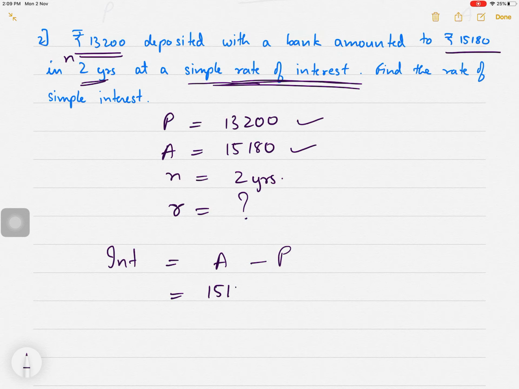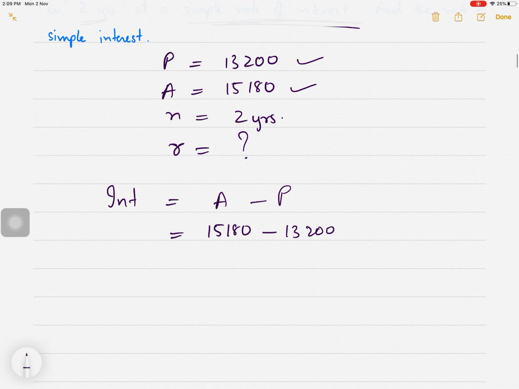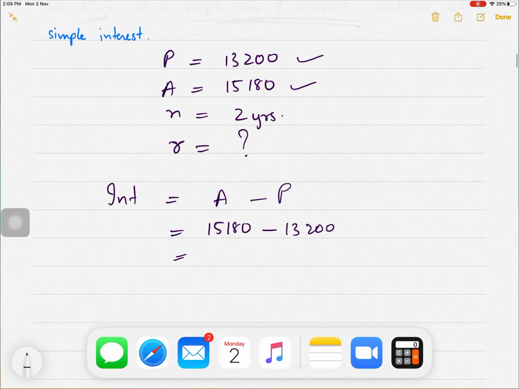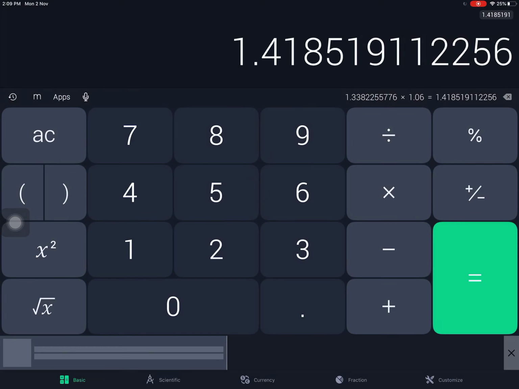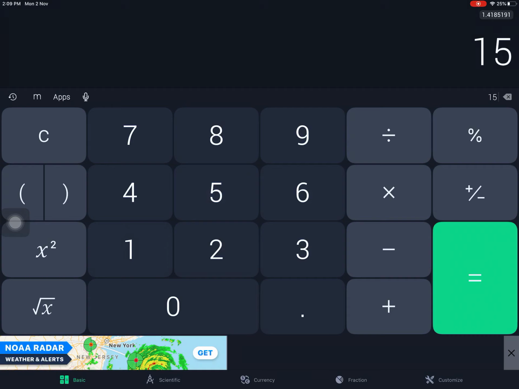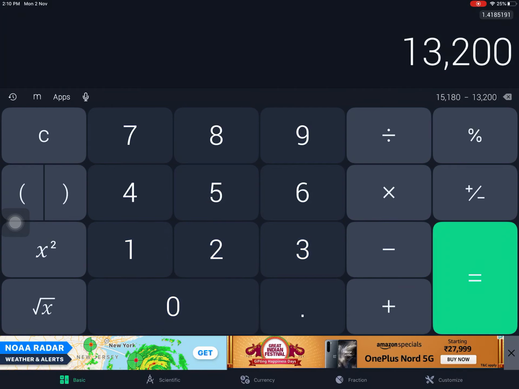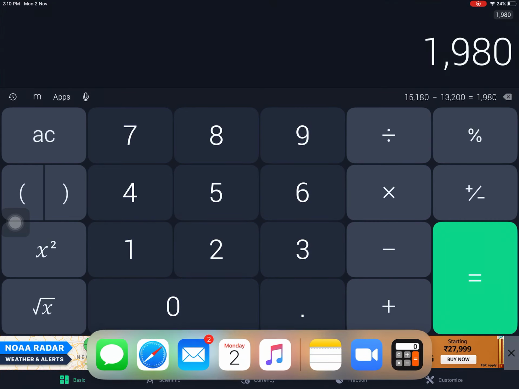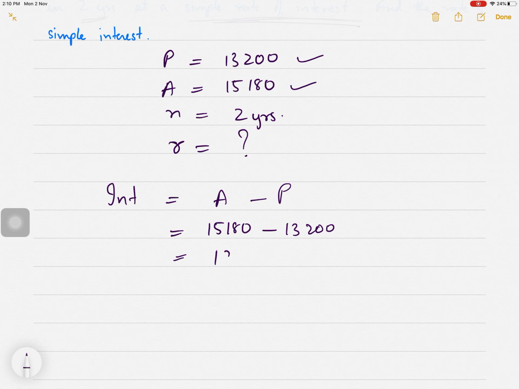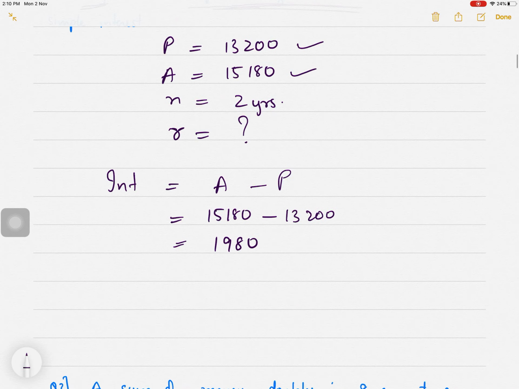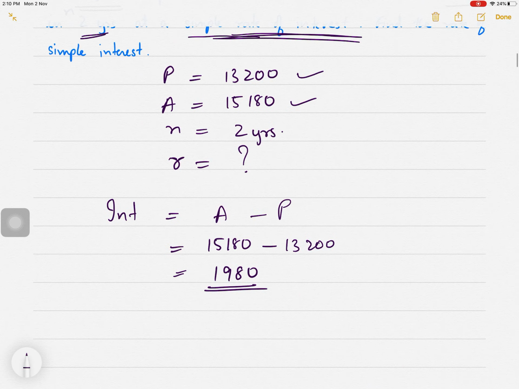So which is 15,180 minus 13,200. It comes to 1,980. This is the simple interest, correct?